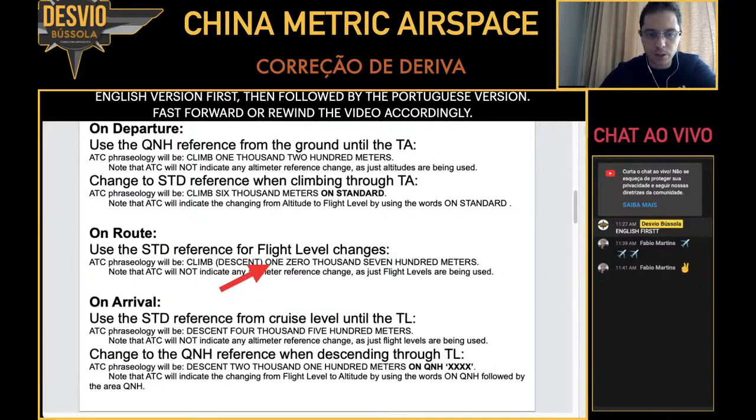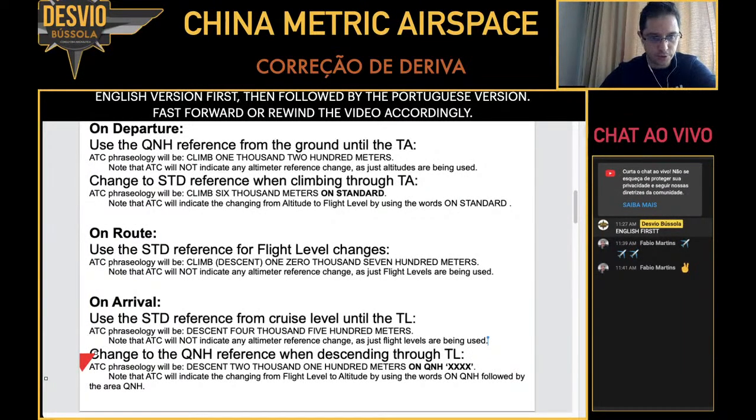Now you are descending to 4,500 meters and you are still flying flight level because ATC didn't tell you anything about the QNH, and you are also above the transition level, so you will be flying levels. So what you have to note is that ATC will not indicate any altimeter reference change as just flight levels are being used. But then you change to the QNH reference when descending through the transition level.